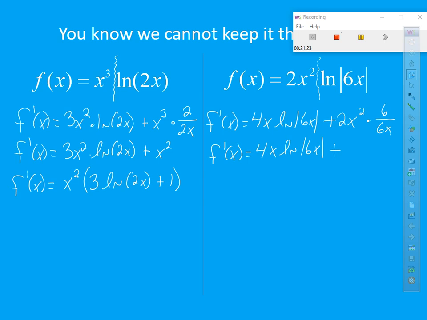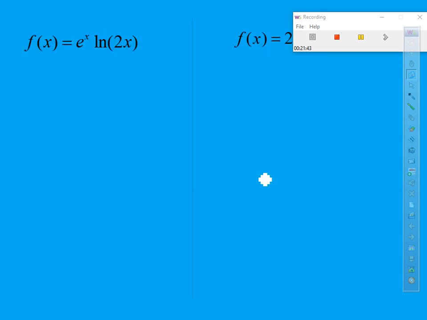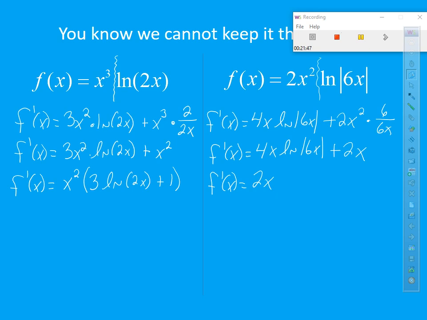So it looks like I've got 2x squared over x, so that becomes 2x. Factor out whatever they have in common, which in this case looks like a 2 and an x, which leaves me a 2 natural log of 6x plus 1.